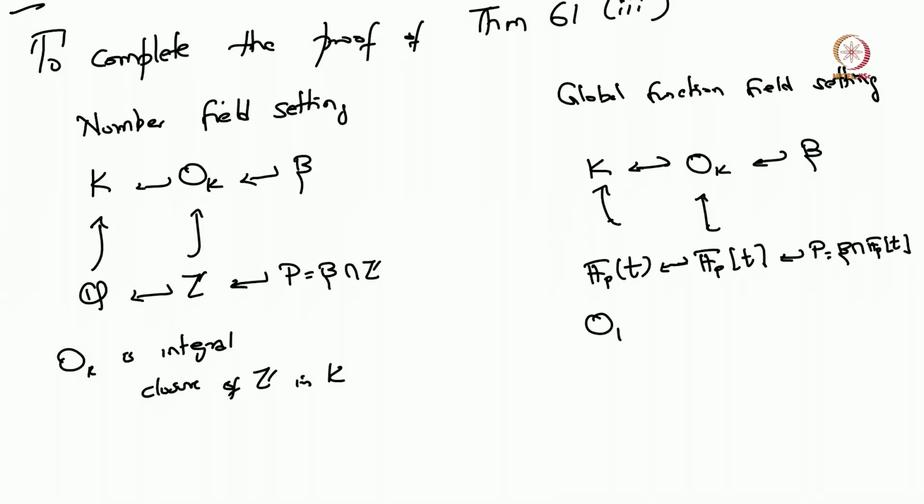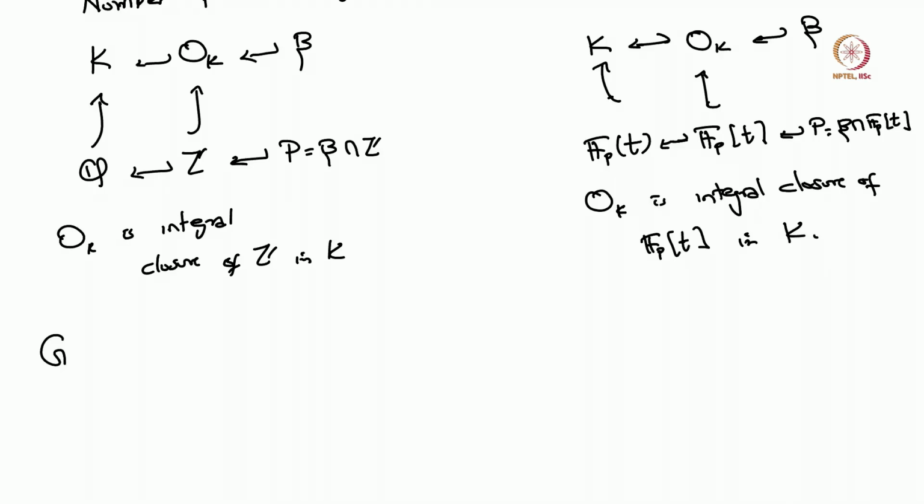So again, here OK is the integral closure of the one variable polynomial ring in K. And again, what we're given is beta, which is a non-zero prime ideal of OK.